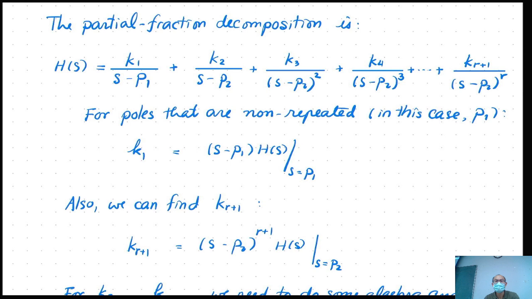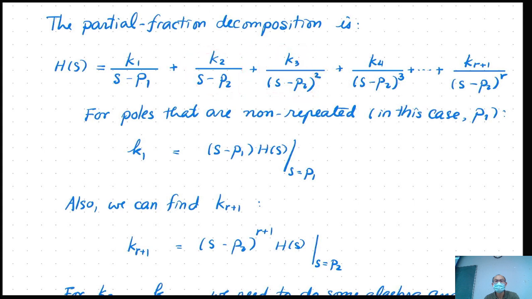If you look at the denominator, the first term is s minus P2, where P2 is the repeated pole. For the second term you cannot just write s minus P2, because that would be the same as the first term, and it would get you nowhere.